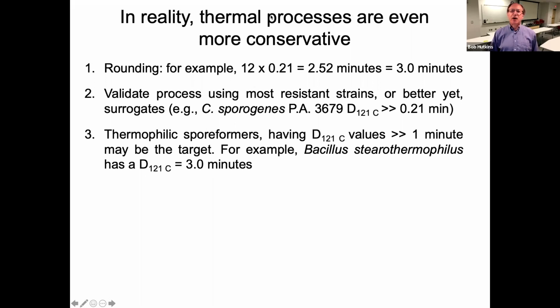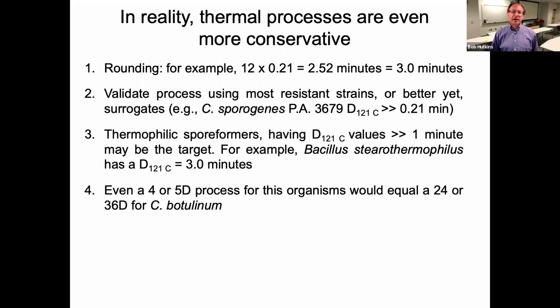The other reason why thermal processes are even more conservative is sometimes in some foods, C. bot's not even the target. The target is a thermophilic spore former that has D values not 0.21 minutes, but even greater than a minute. For example, Bacillus stearothermophilus has a D of 3 minutes, 10 times higher than C. bot, and they'll use this one as the target for whatever reason.